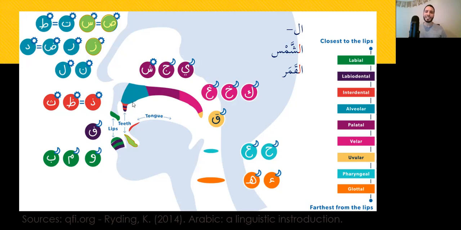The flesh right above the teeth. Ta. And ta, it's the same spot, but your tongue actually moves differently in the back, and that we're going to talk about later on. So ta and ta, your tongue is almost the same on this spot. Ra.